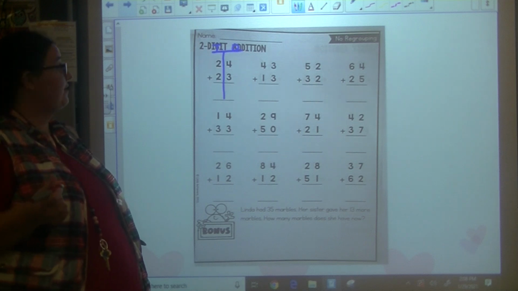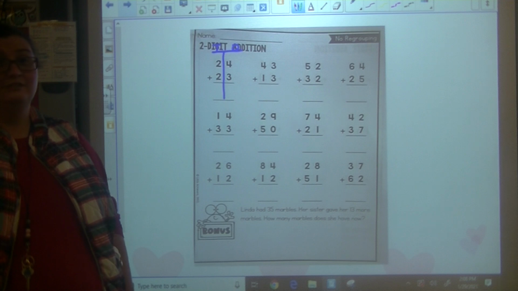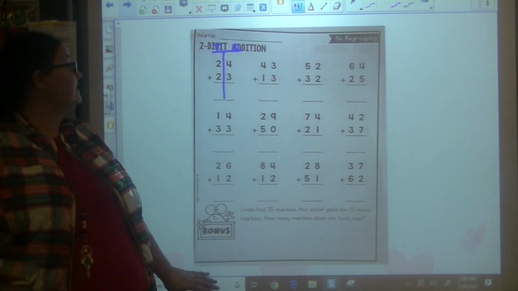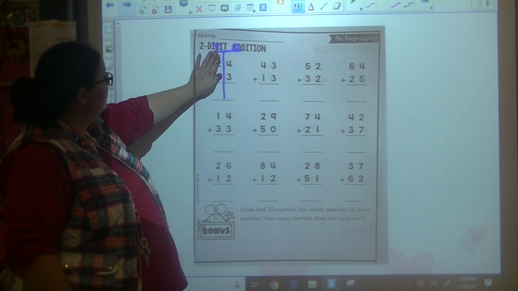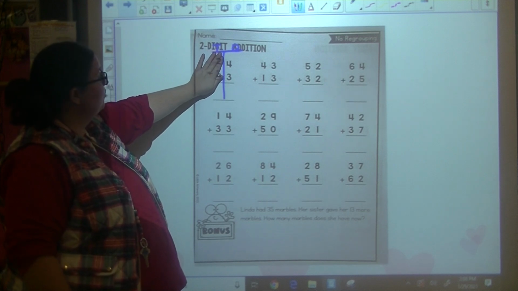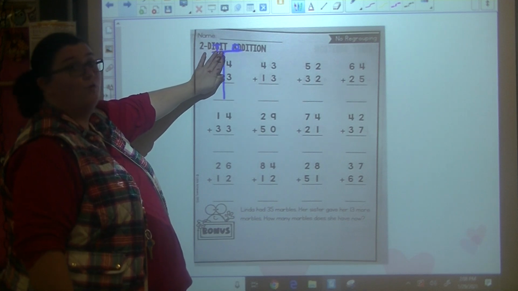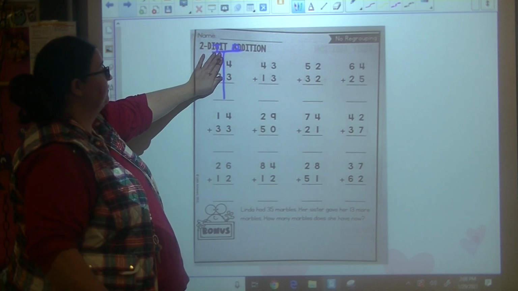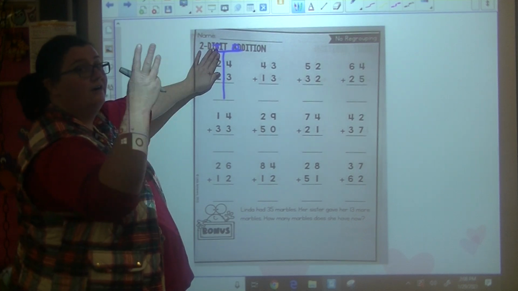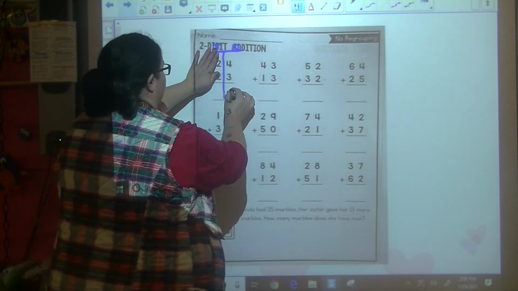All right, let's go over it together. So who hides first? Our tens are going to hide first. We're always going to start with our ones. So let's start with our ones. What numbers are in the ones column? 4 plus 3. What's 4 plus 3? 4, 5, 6, 7.